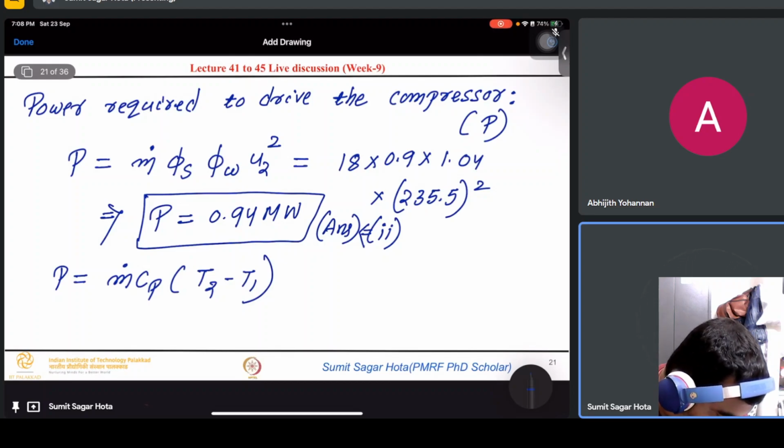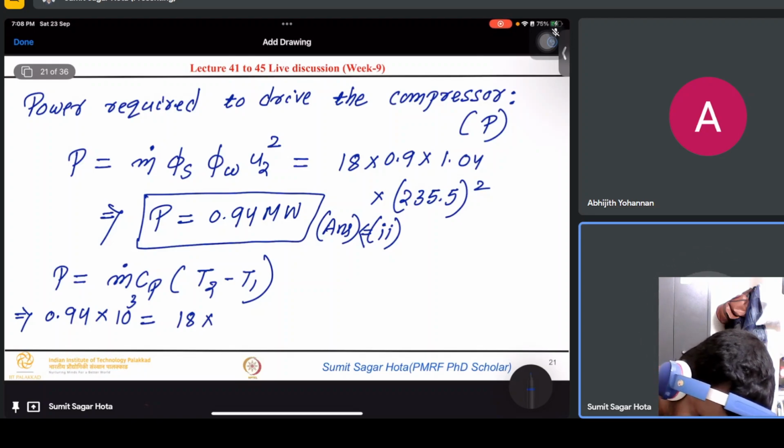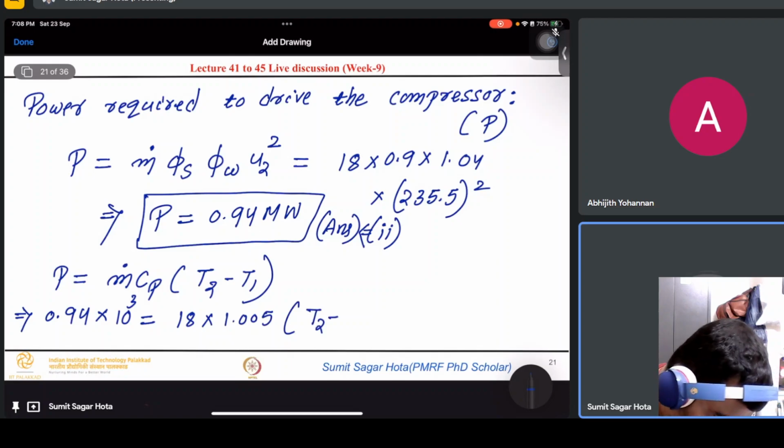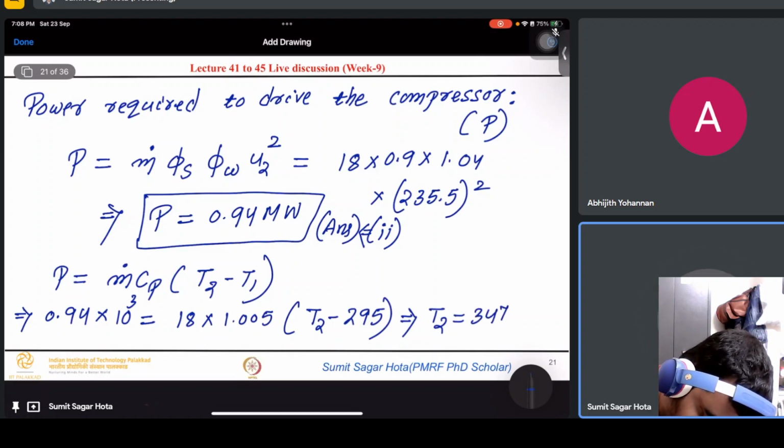Now convert in terms of kilowatt and substitute all the values. m is 18, Cp 1.005 kilojoule per kg Kelvin, T2 not given, we have to find out, T1 295. Just solve it, you get T2 as 347 Kelvin.